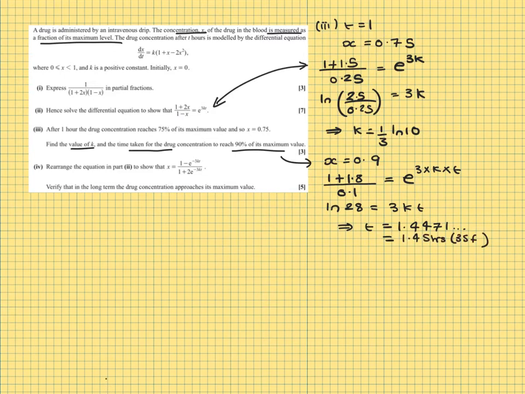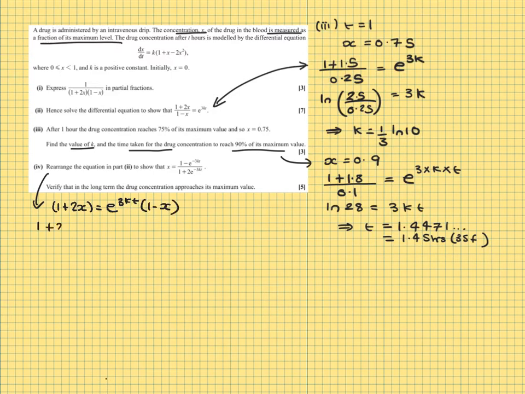Now, part 4 takes us on to some algebra. Rearrange the equation to show that we get this result here. So we need to change the subject and make sure it's in the form x equals. So first job, we'll multiply across by 1 minus x. So 1 plus 2x equals e to the 3kt times 1 minus x.